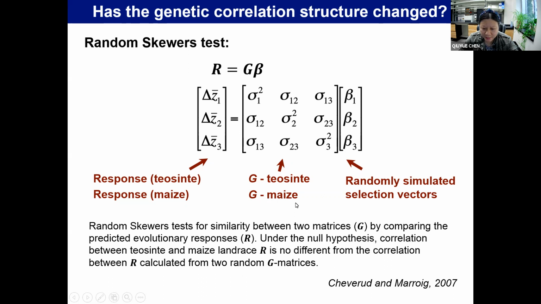Under the null hypothesis, the correlation between Teosinte and maize response is no different from the correlation between responses calculated from two random G matrices.